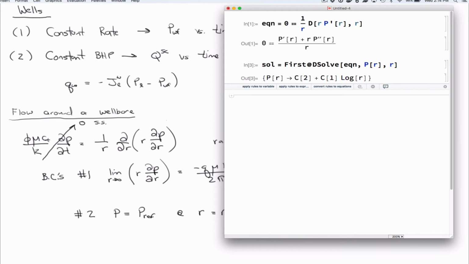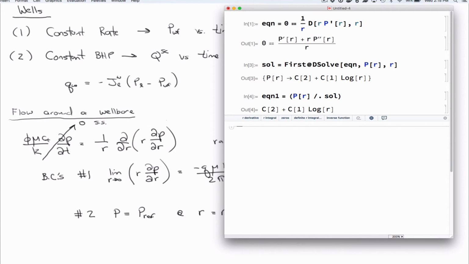So what we're going to do is just evaluate. I'm going to have equation 1 be p[r] evaluated from the solution. Let me just show you what that looks like. It just returns p[r] from the solution up there.